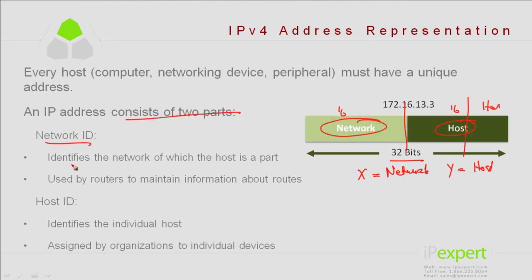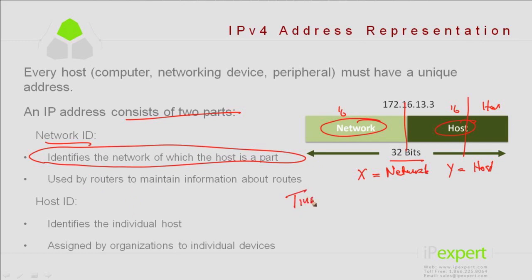The network ID is going to be what we use to identify the network that hosts are going to be a part of. Now, I use the corollary for where I live. I live on Tinsley Avenue, or Tinsley Drive. Sometimes I forget where I live. Now, if Tinsley Drive is the street, then I need to have a street address.